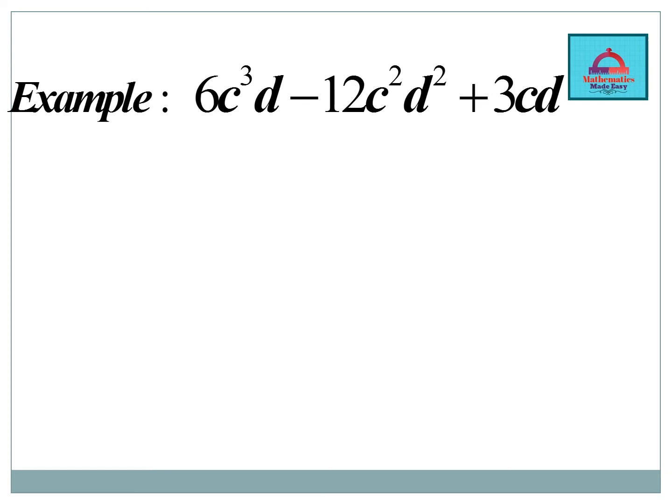As you can see here on this slide, this is a trinomial which is given to you. It has 3 terms. The first term is 6c cubed d. The second term is negative 12c squared d squared, and the last term is 3cd. These 3 terms are given to you, and we need to first of all look into what is the common factor, what is the GCF of these 3.